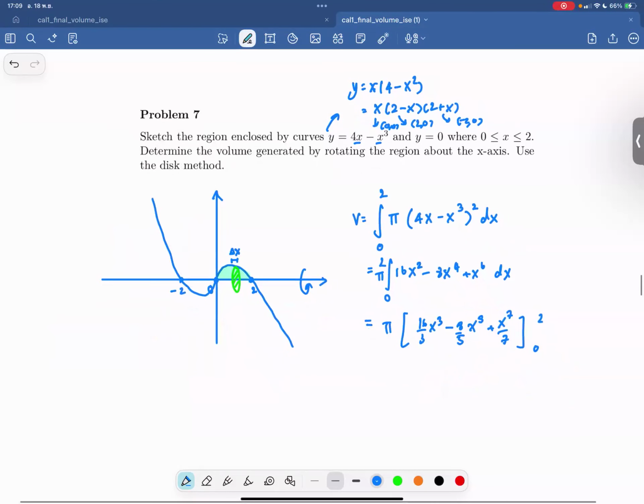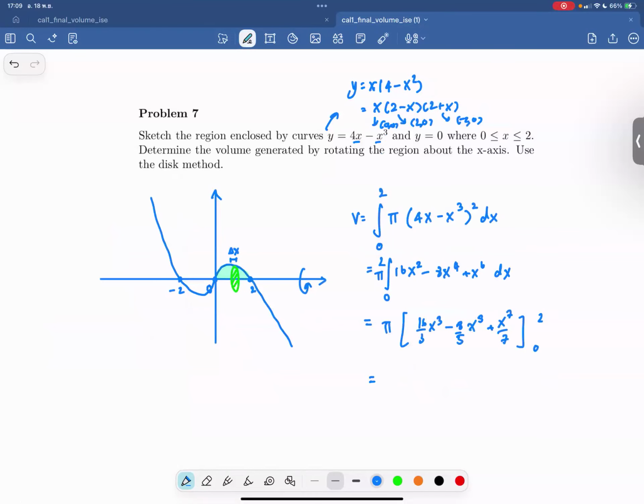And then for the basic calculation, you get 1024 pi over 105.